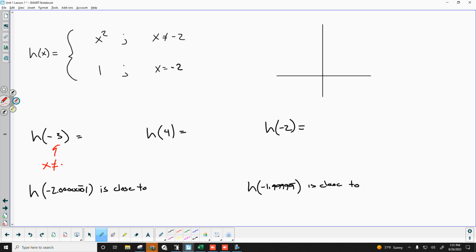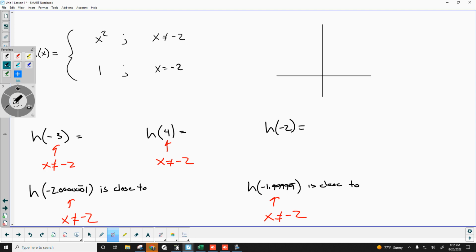This doesn't equal -2. This doesn't equal -2. That equals -2. This does not equal -2. This does not equal -2. Let me change the color. This equals -2, okay?